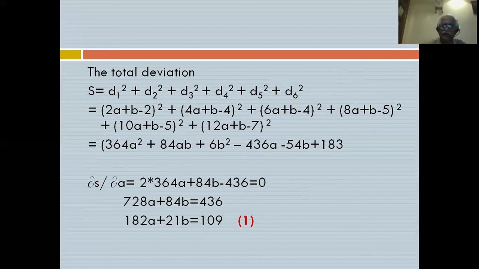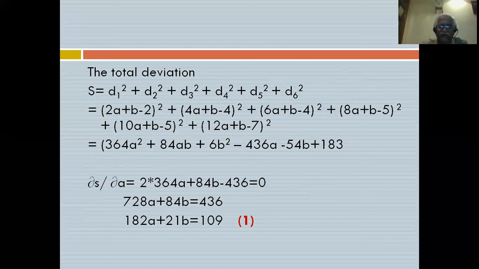364a square minus 84ab plus 6b square minus 436a minus 54b plus 183. I am leaving this slide to you; you can understand it. You should say for d1, x is 2, y is 2, so 2a plus b, that is ax plus b minus y.